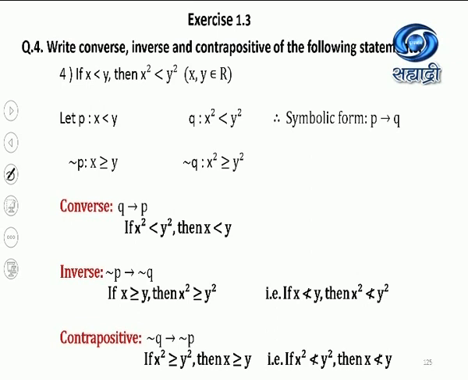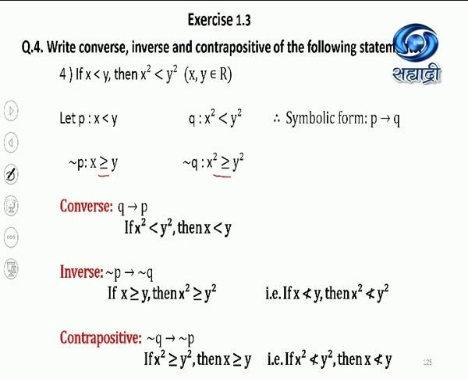Negation of p will be obviously x greater than or equal to y. Negation of q will be x square greater than or equal to y square. Converse is q implies p. So pick up q and p. Q implies p. Converse will be: if x square less than y square, then x less than y.